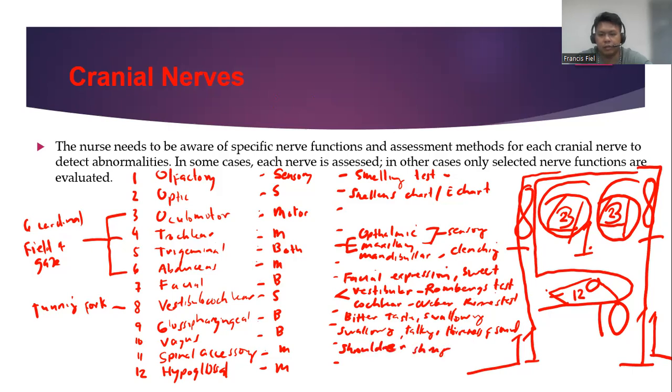You put your hand on the patient's shoulder. Hypoglossal is the movement of the tongue. You ask the patient to move the tongue up and down, side to side. So, basically, that's how you assess your cranial nerves.